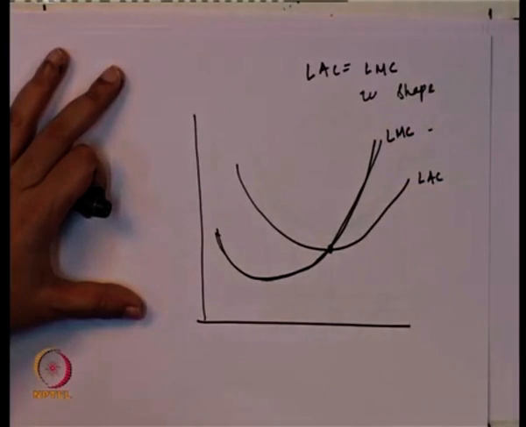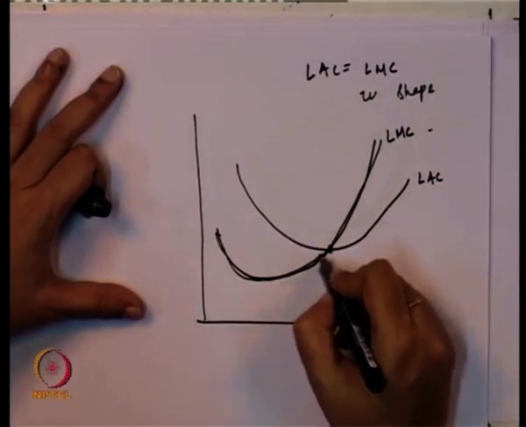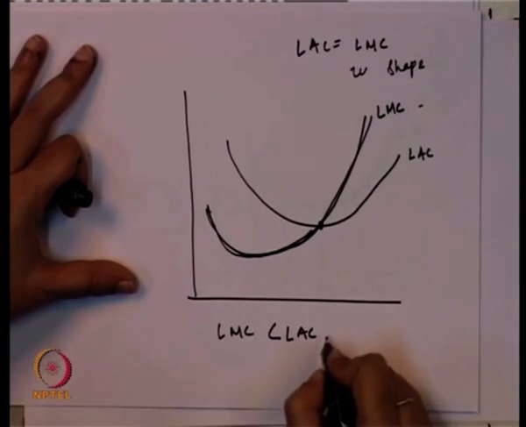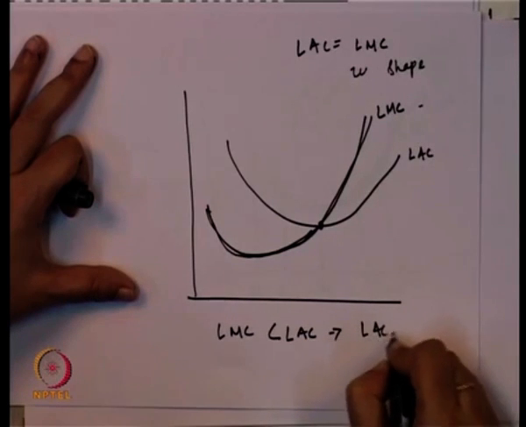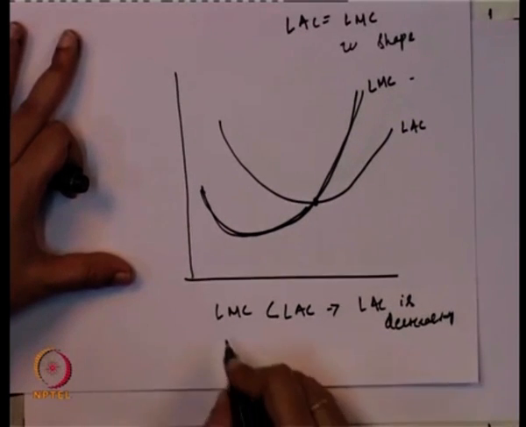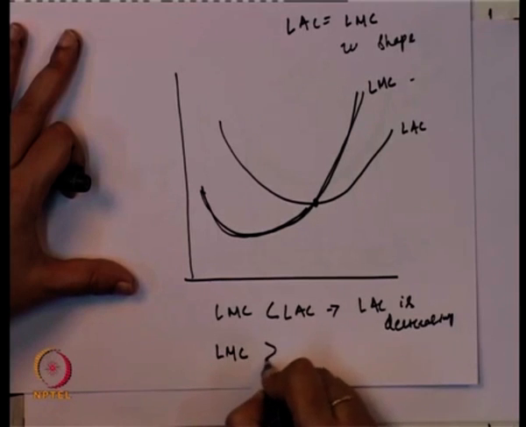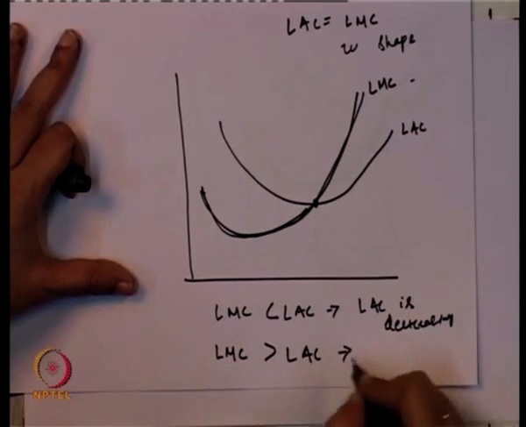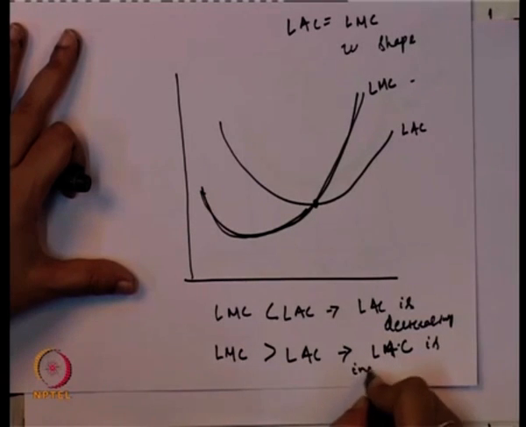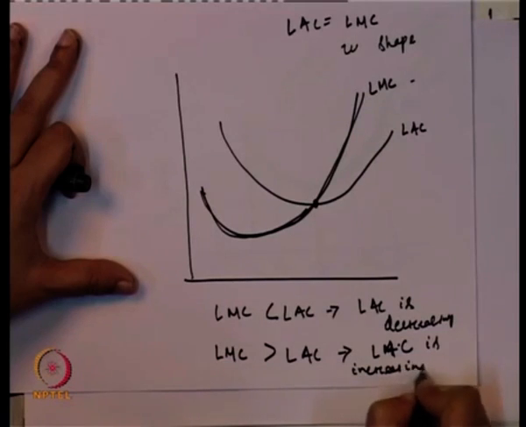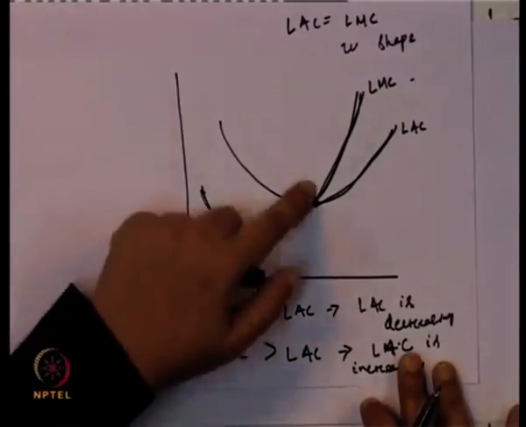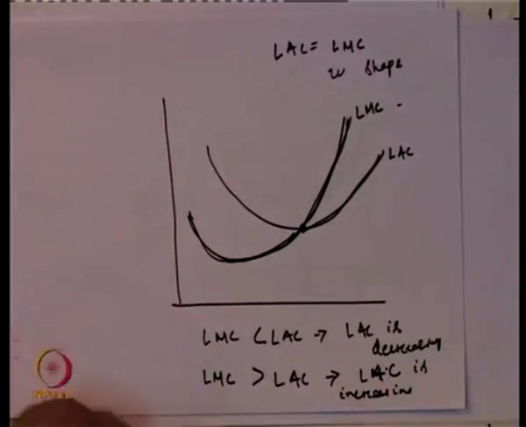The long run marginal cost curve is below the long run average cost curve. LMC is less than LAC when LAC is decreasing, and the long run marginal cost curve is greater than the long run average cost curve when the long run average cost curve is increasing, that is in this segment, and corresponding to this, the long run average cost curve is equal to the long run marginal cost curve.